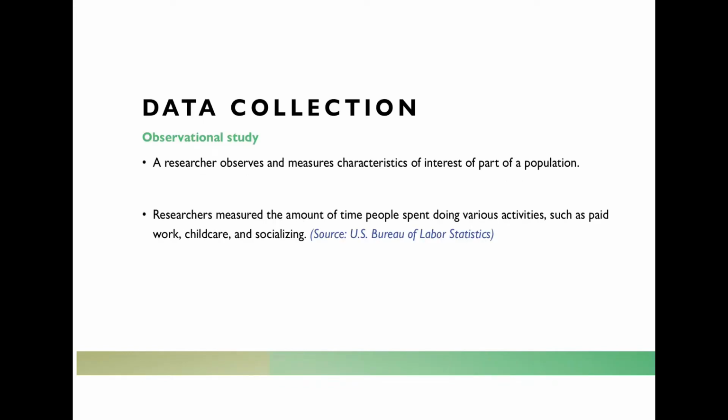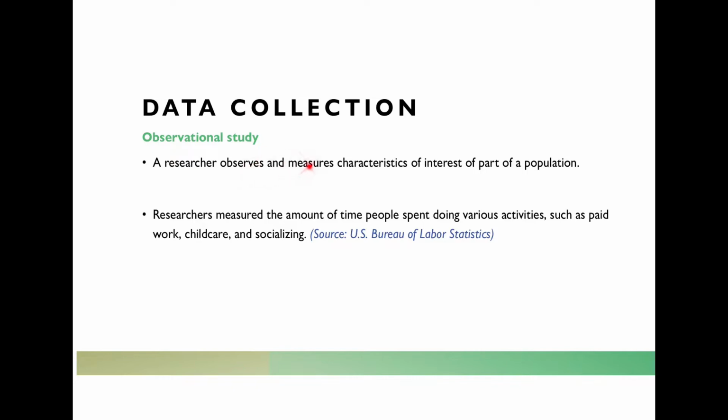So let's look at data collection. There's really two ways for us to collect data. Sometimes the variable that we're looking at also kind of dictates what we're going to do. An observational study is something where we are trying to collect data that already exists within a population.